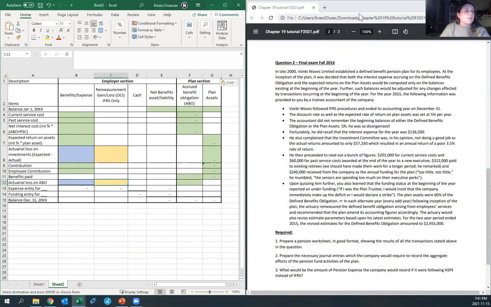The discount rate as well as the expected rate of return on plan asset was 5% per year. So we're going to use 5% to calculate our net interest cost and our expected return on assets. The accountant did not remember the beginning balance of either the DBO or the plan assets. Oh, he was so disorganized. Great. Fortunately, he did recall that the interest expense for the year was $136,500. That's what I'm going to put here.